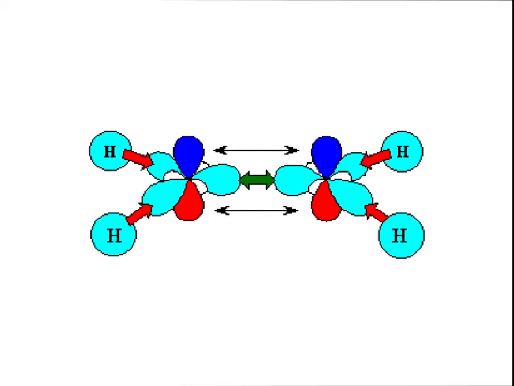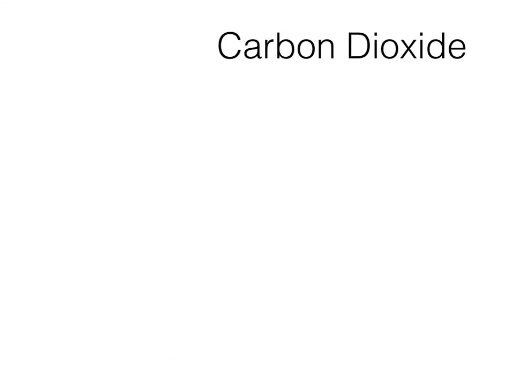Let's look at carbon dioxide. Carbon dioxide, obviously, CO2. If you go through the process of getting the Lewis dot structure, we see that we've got two double bonds, two carbon-oxygen double bonds. And so around that central carbon, we have two electron domains that we need to space apart.